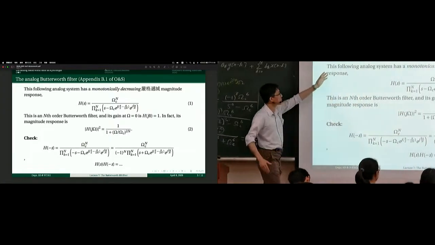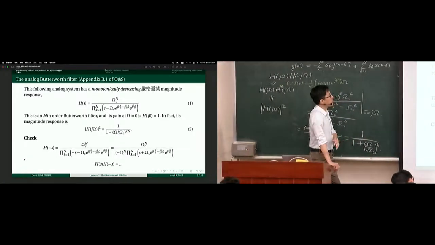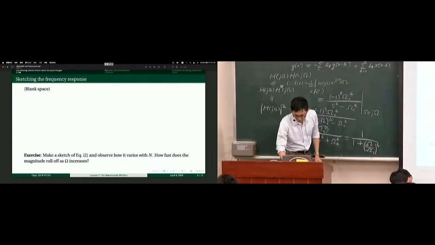And we honor the British engineer and physicist Butterworth, who was born in the 19th century, and who lived all the way to, wait, is it 1958?